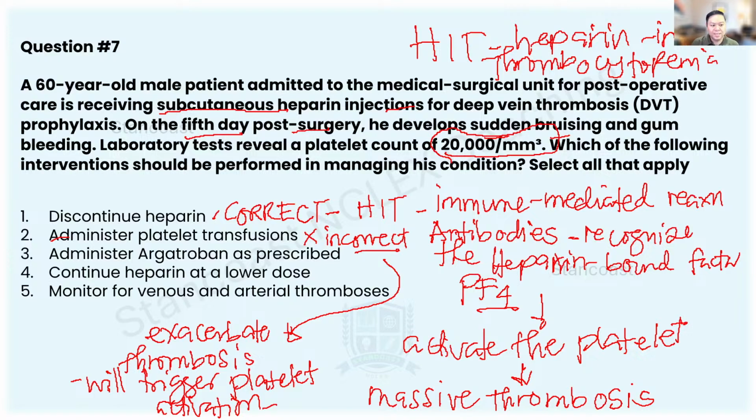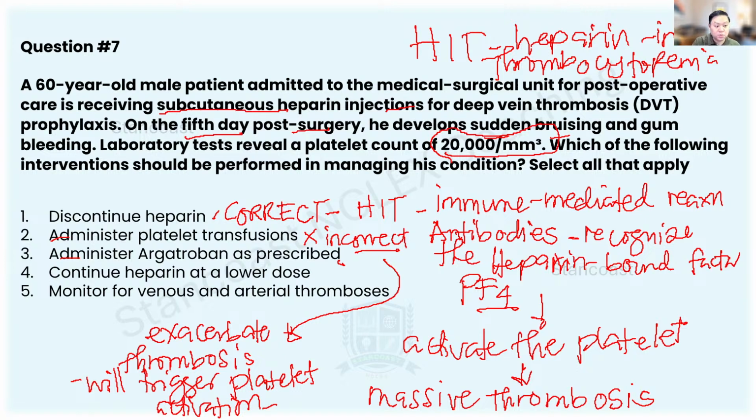Okay? Now, what about number 3, administer argatroban. This is a medication that will become an alternative anticoagulant. The patient will possibly receive this medication as an alternative anticoagulant because they develop antibodies to the heparin.